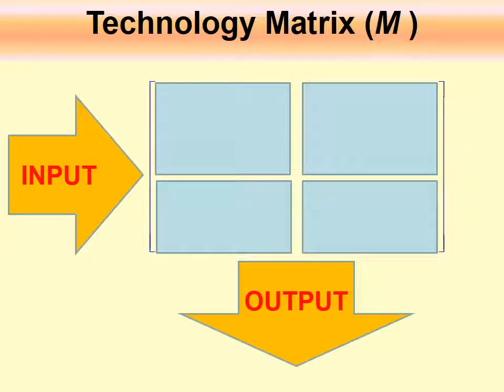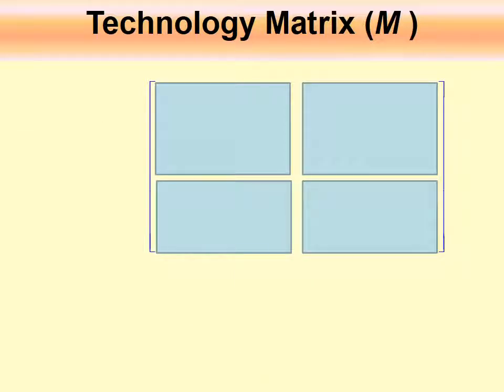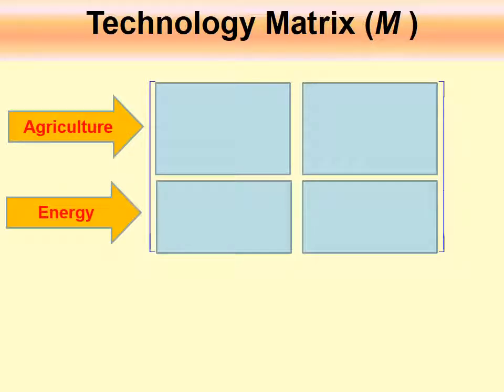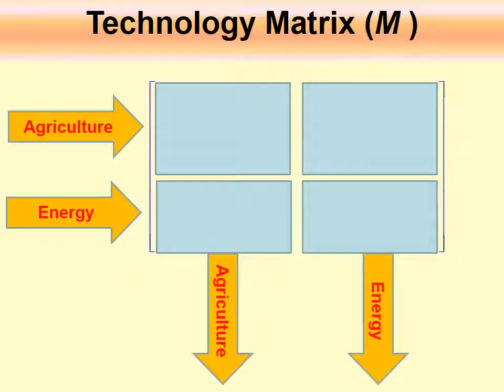You cannot mix them up. Now we have to keep things in order. In the problem that we're looking at, we had agriculture and energy. If we have agriculture first, energy second on our rows, we have to have it that way on our columns.